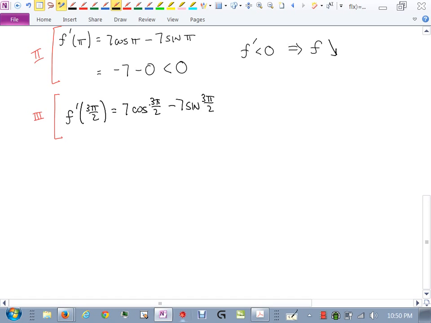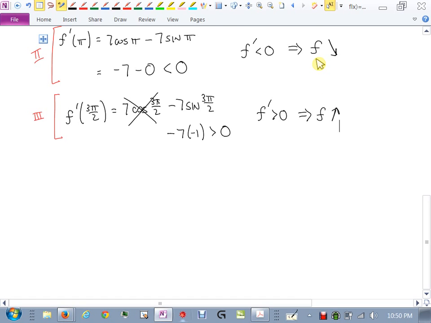Cosine of 3 pi over 2 is 0, so that whole thing's gone. Then over here I get -7, and sine of 3 pi over 2 is -1, which means we have a positive number. Negative times negative is positive. That tells me that on that third region, my derivative is positive, which means my original function is going up.